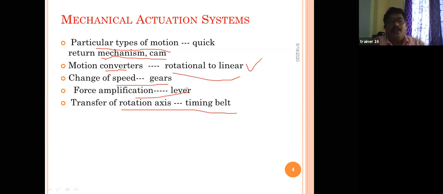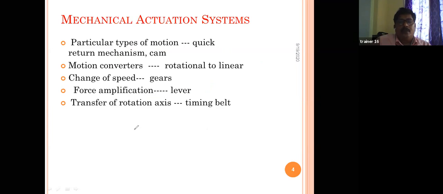If you see the force amplification lever, for example, this is a lever and here one fixed pivot is there. The force is applied at one end of this lever. Then the force on the other side is high, low, or equal?